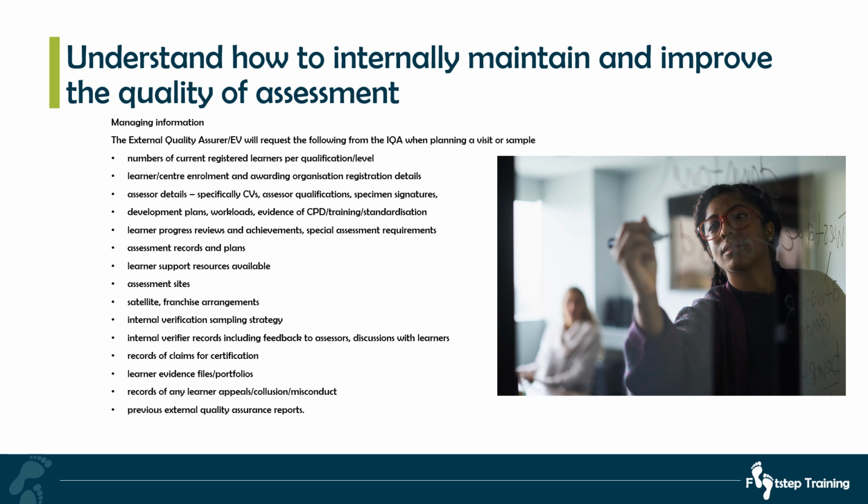They will request a number of current registered learners per qualification and level, so you need to have this information readily available, the learner or centre enrolment and awarding organisation registration details, so how you've registered the learners and who's exactly registered for what qualifications, assessor details, so again specifically up-to-date CVs and qualifications and examples of signatures, development plans, workloads, evidence of CPD, training and evidence of standardisation activities that you've completed.